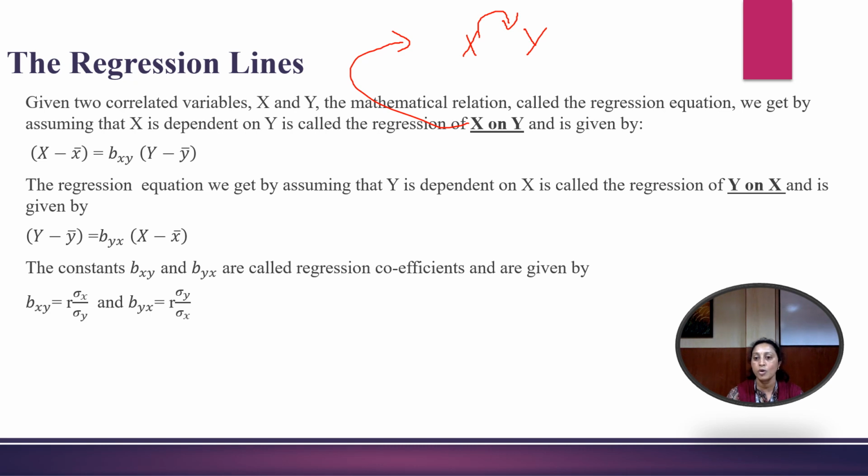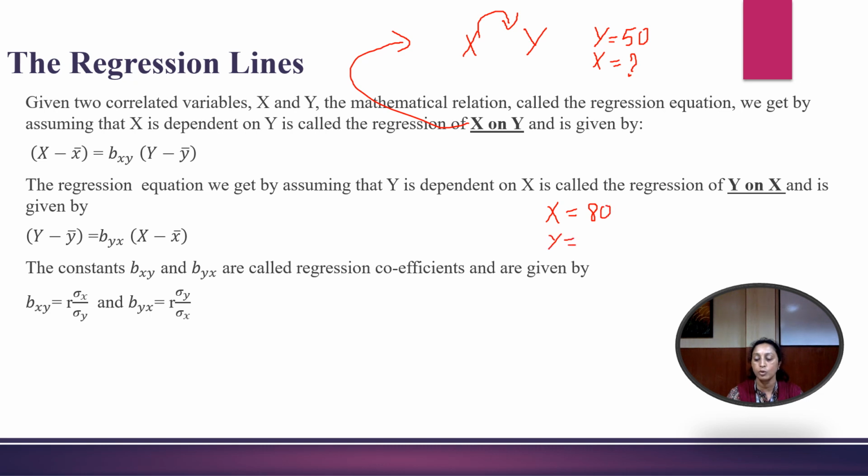When we want to predict the value of x from a known variable y, suppose I know y is equal to 50 and I want to predict what the value of x may be, in such cases I can use the regression line x on y. The regression line y on x can be used when I know x, for example x is equal to 80, and I want to predict what the corresponding y value may be.